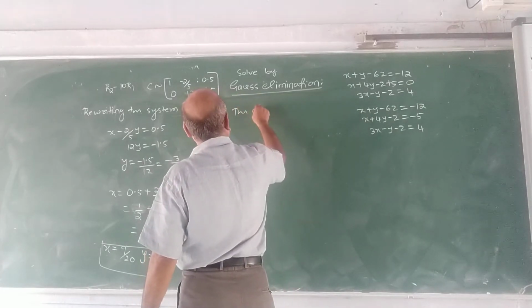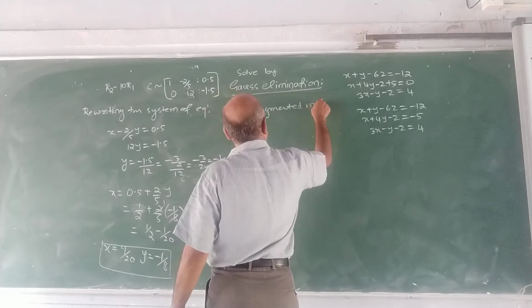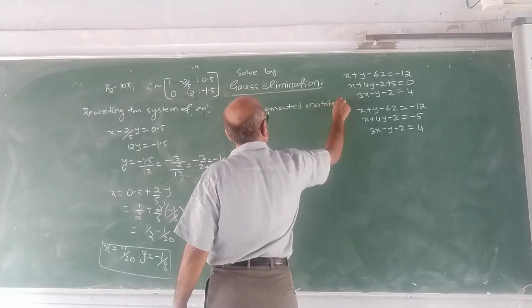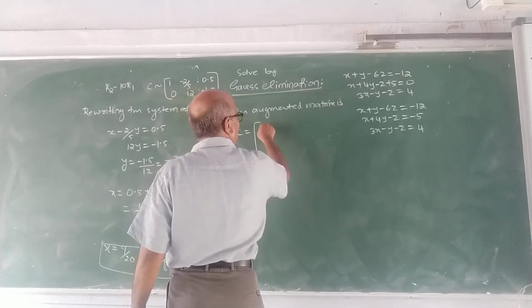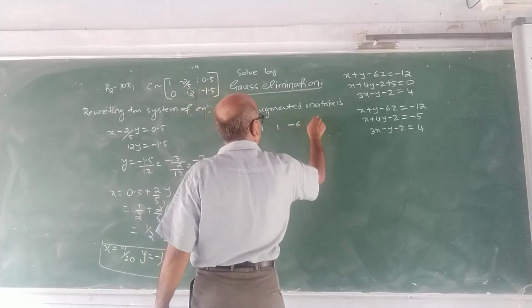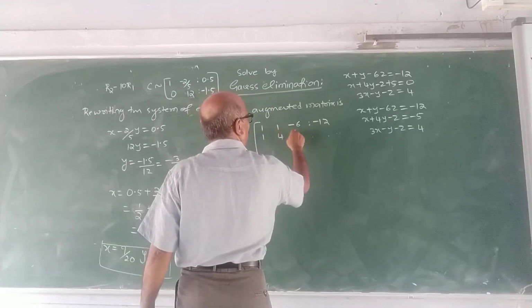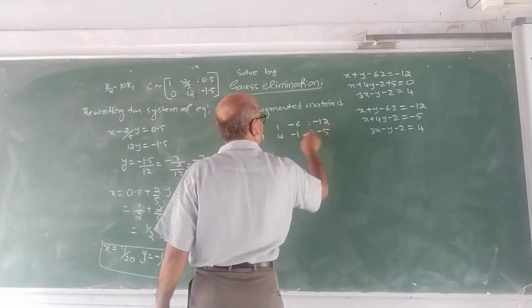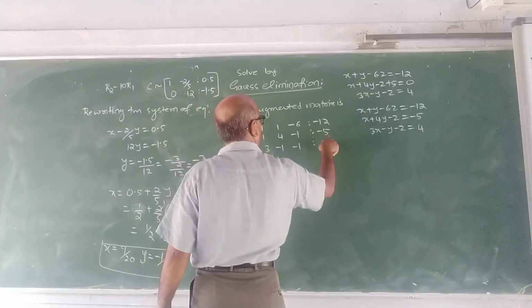I write it directly as an augmented matrix. Augmented matrix C is equal to [1 1 -6 | -12; 1 4 -1 | -5; 3 -1 -1 | 4].